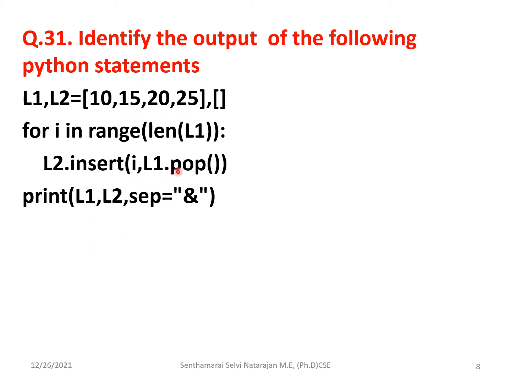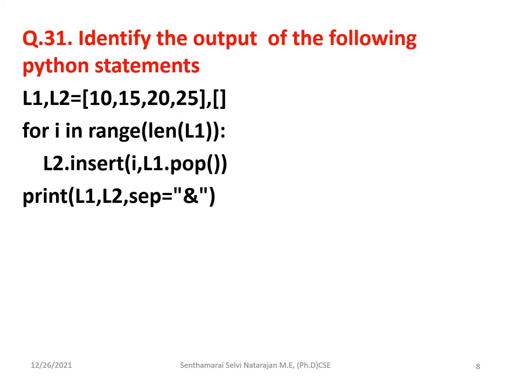But you should remember the pop function. Pop will delete the element from the list. So the elements in the list L1 will be cleared, they will be deleted, and all of them are popped and pushed into the list L2. So L2 has the elements and L1 is empty.